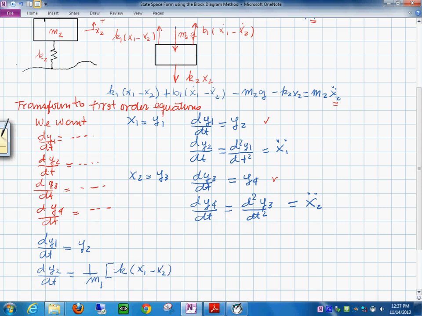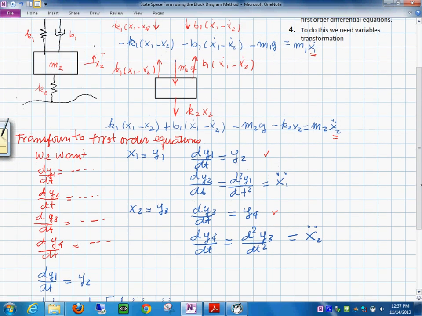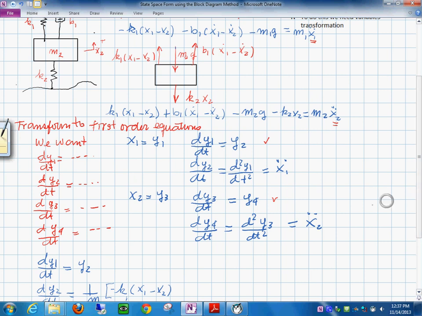I think this was a minus sign, wasn't it? Am I correct on the, yeah. Then minus b1 minus from here, see, b sub 1 for x sub 1 dot minus x sub 2 dot, like that, minus m1g, yeah, that's it. And then we'll close these brackets like this.